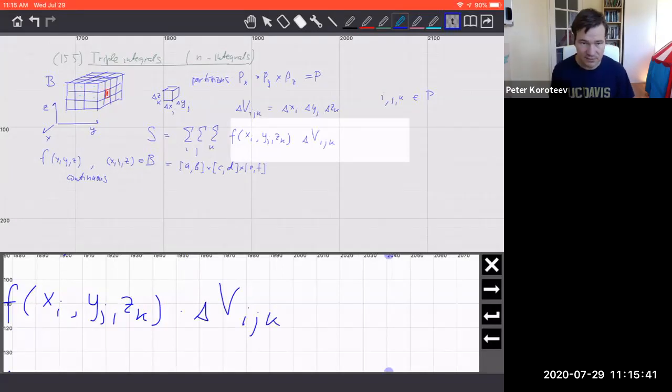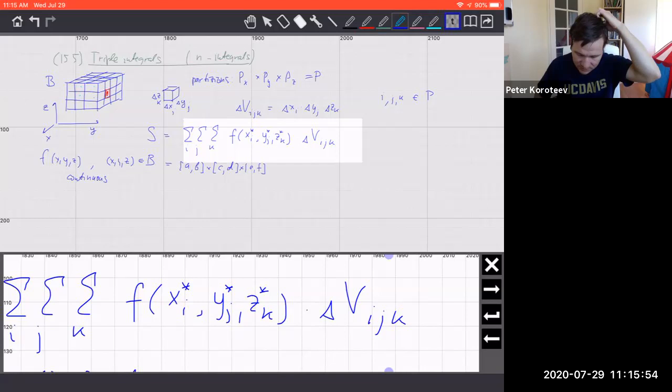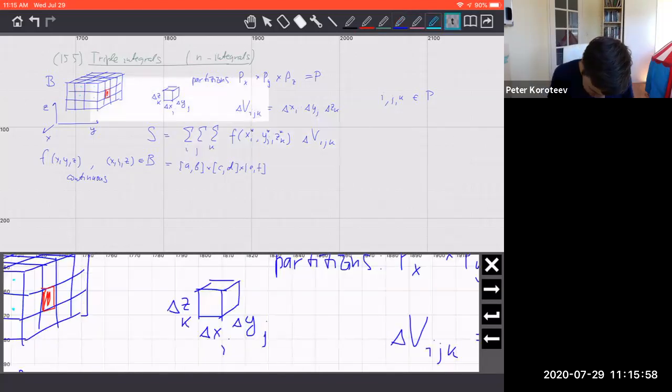And so we construct this gadget. Just for completeness, we can put some stars here, meaning that the point where we evaluate the function does not have to belong in a corner. Rather, it can be anywhere in this parallelepiped here. So that has coordinates x star, y star, and z star. Okay.